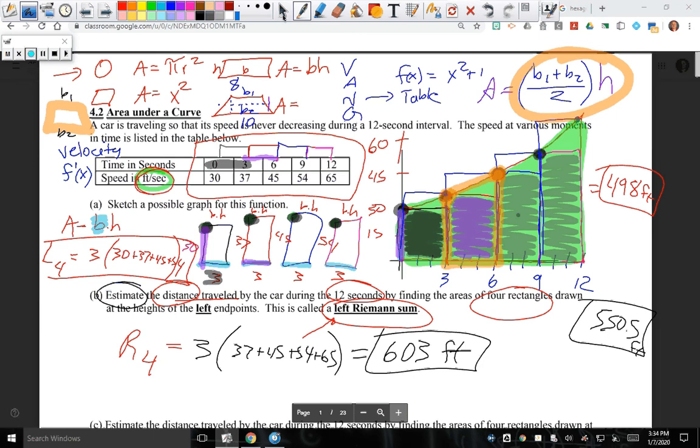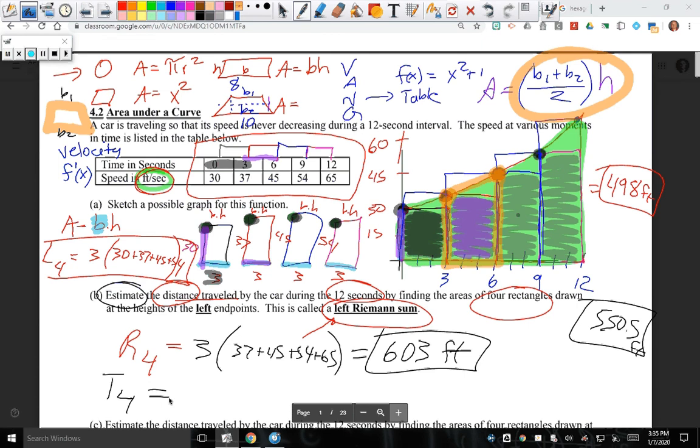What used to be a height is now going to be the base, a delta x, the width of that rectangle. So for the trapezoidal, I'll take the average of the y's and multiply it by the base. You with me?